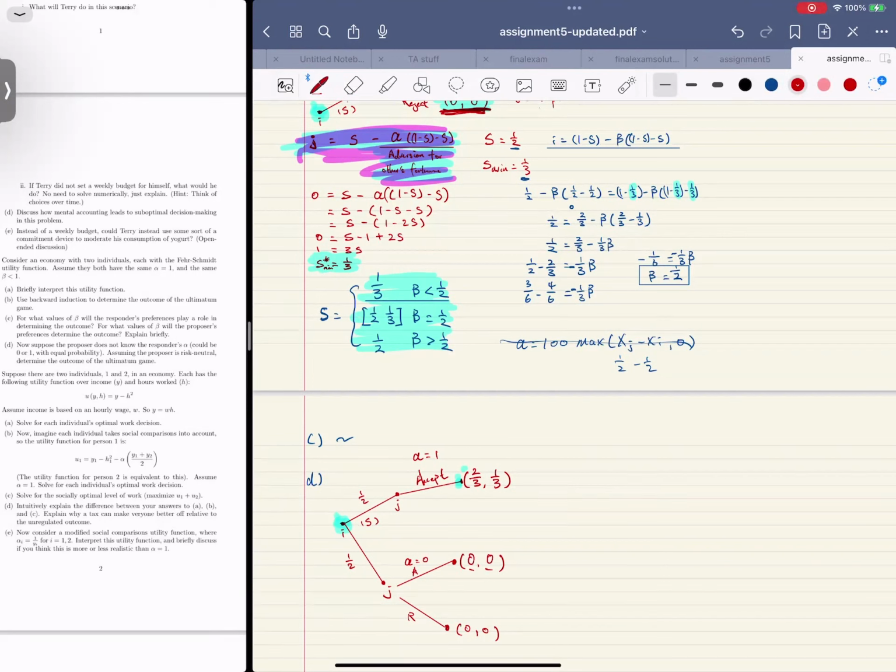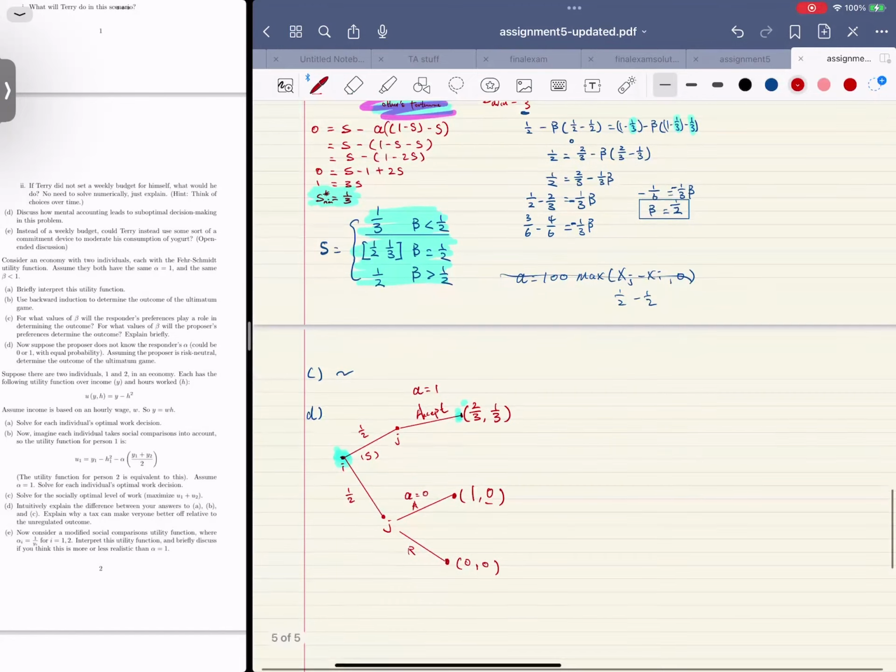So it will be 0, 0. Oh, no, not 0, 0. It will be 1 and 0. I will give you nothing, because for you, you are indifferent between 0 and 0, if your alpha equals 0.